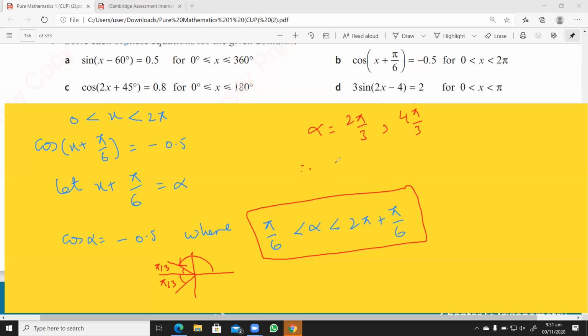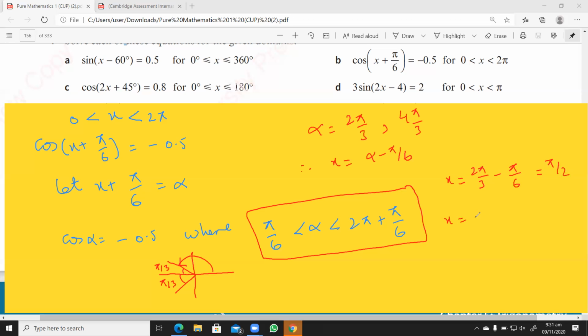Therefore, your x is going to be alpha minus pi by 6. So this is 2 pi by 3 minus pi by 6. So that is 4 minus 1, 3 pi by 6. That is pi by 2.